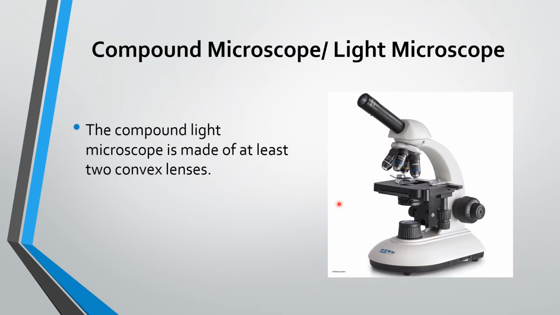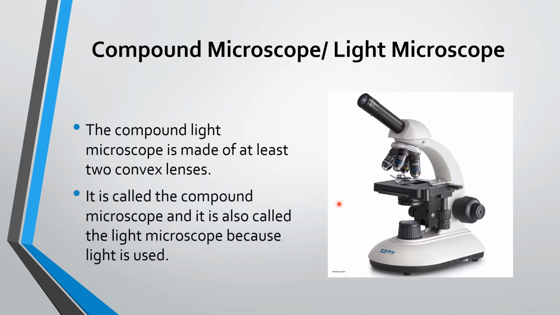The compound microscope is made up of at least two convex lenses. That is why we are calling it a compound microscope. And also it uses light to observe the specimen clearly. So it is called a light microscope. So by combining the two terms, compound microscope and light microscope, we call it the compound light microscope.